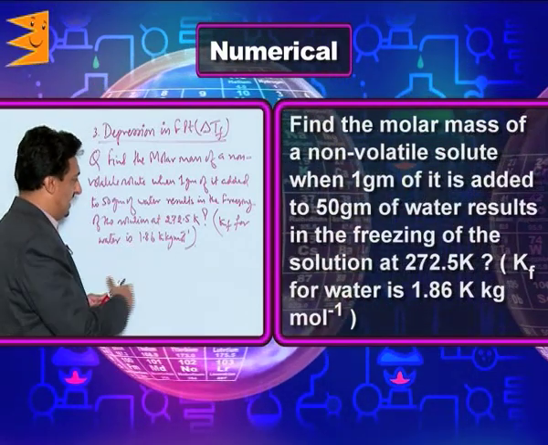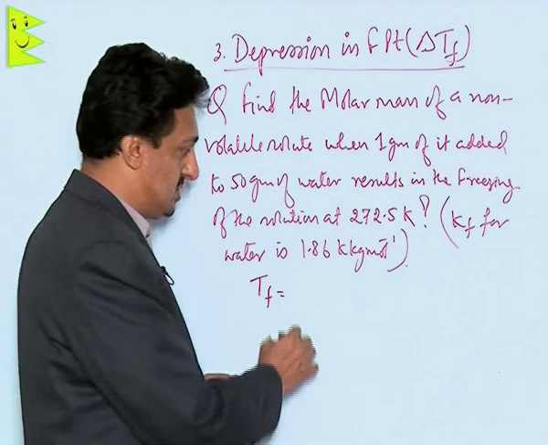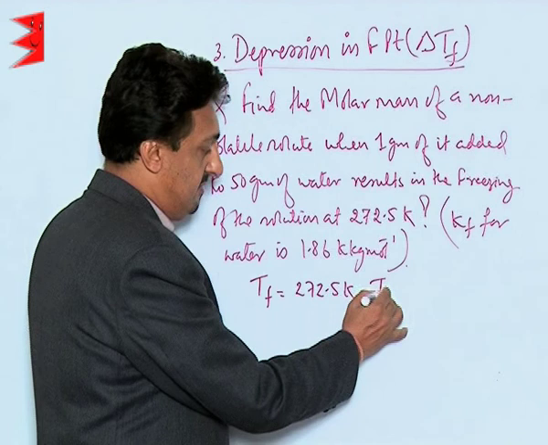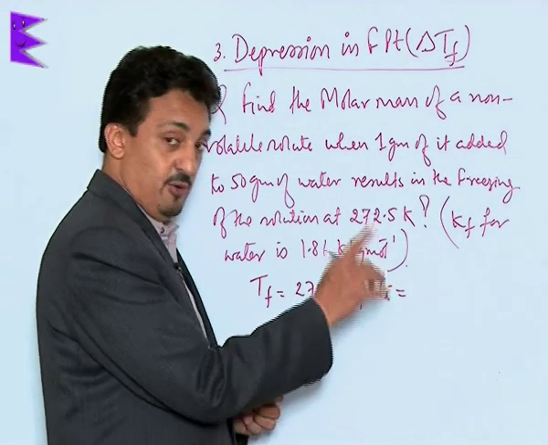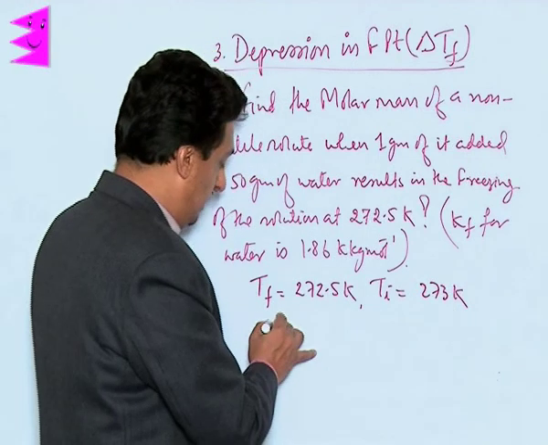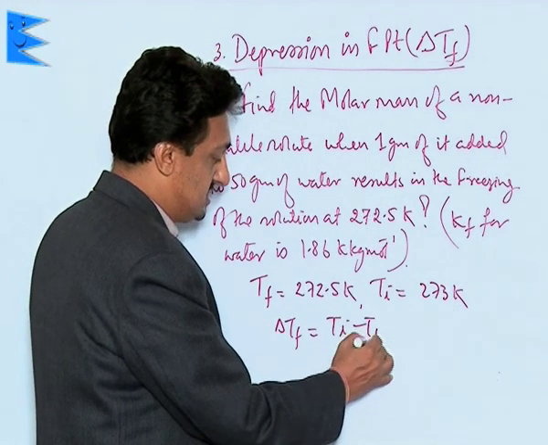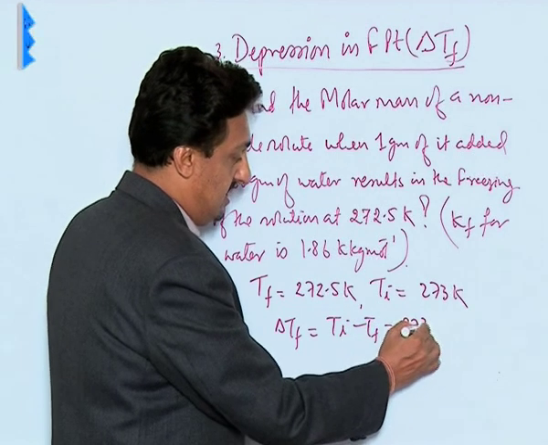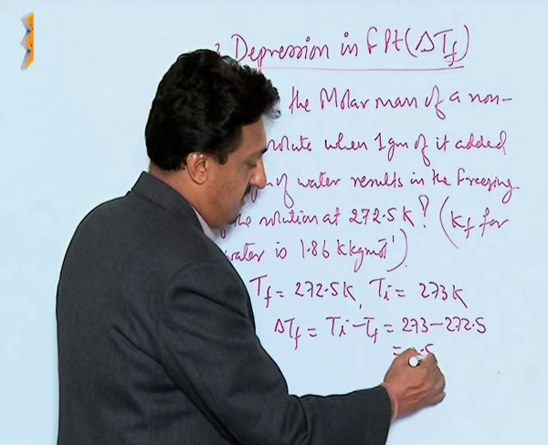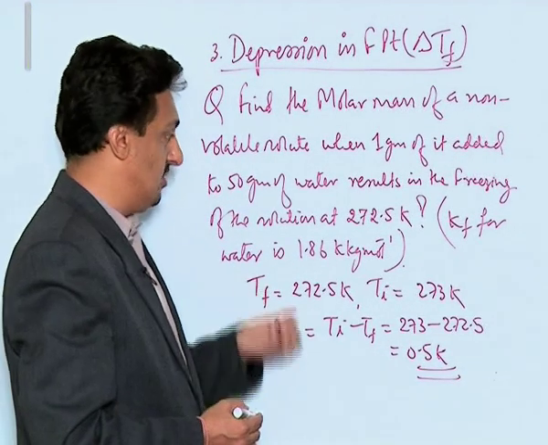So from the data, the freezing point Tf of the solution is 272.5 Kelvin, and we know the freezing point of pure water is 273 Kelvin. So delta Tf is Ti minus Tf, which is 273 minus 272.5, which is 0.5 Kelvin. This is now known to us.